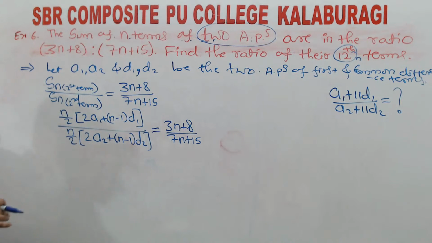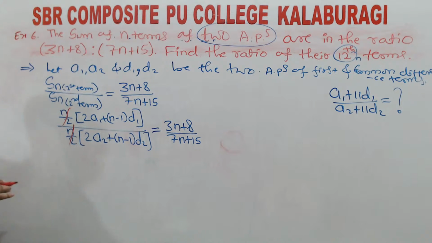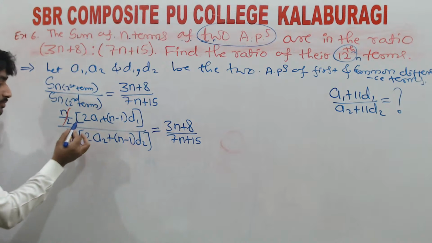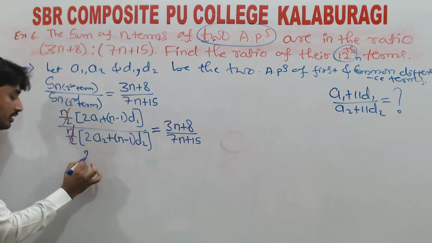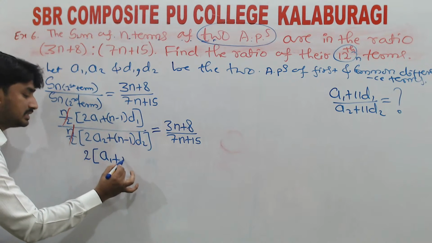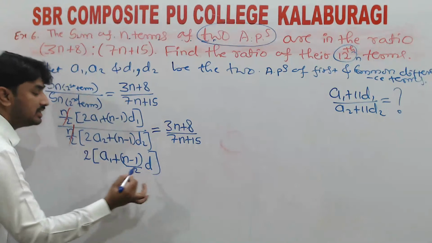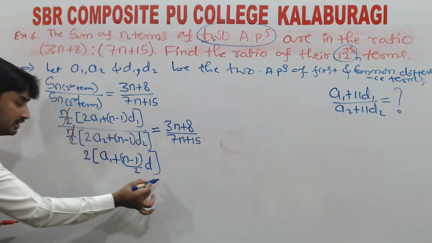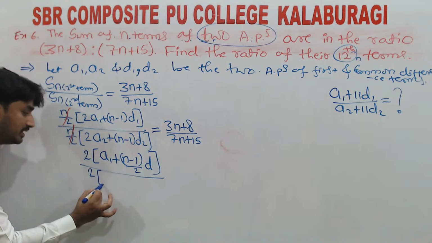Here both n by 2 get cancelled, so in the remaining terms I take 2 as common. Inside, the numerator becomes a1 plus n minus 1 divided by 2 into d1, and the same in the denominator, taking 2 as common again.